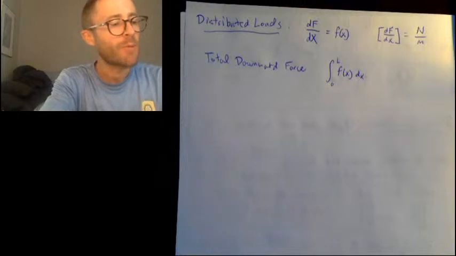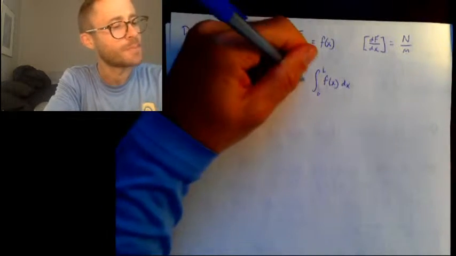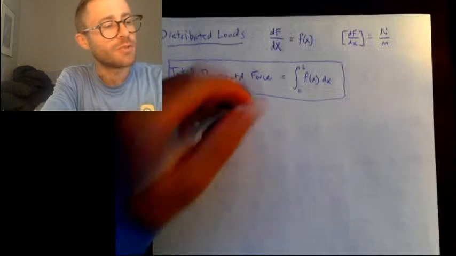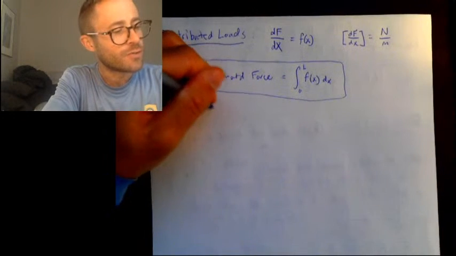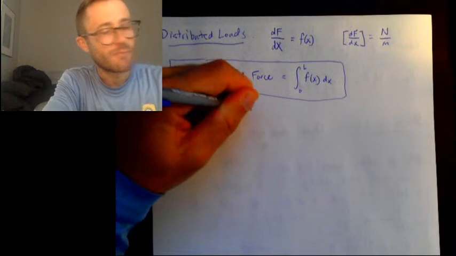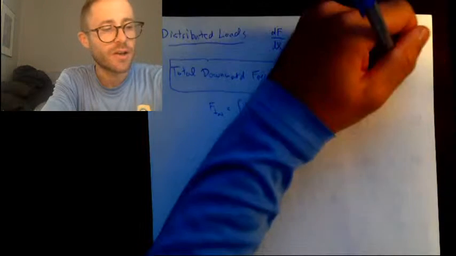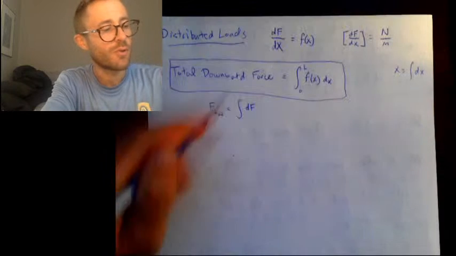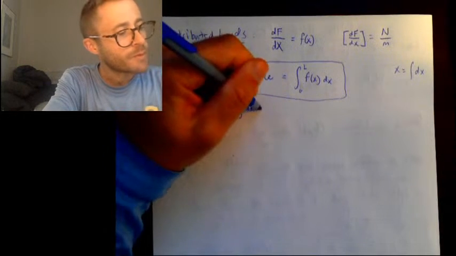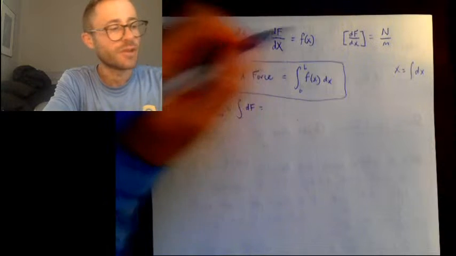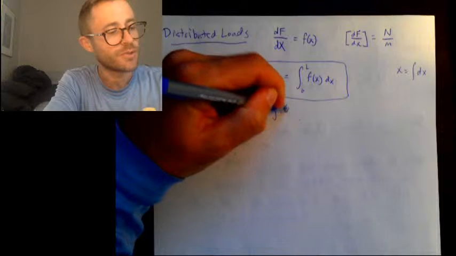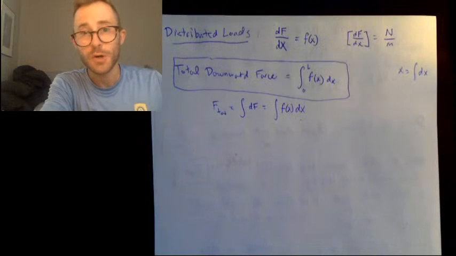Now, why is that? That's because the total force is going to be the integral of df, just like x is the integral of dx. And if we multiply both sides of this equation by dx, we get that df is equal to force density times dx.